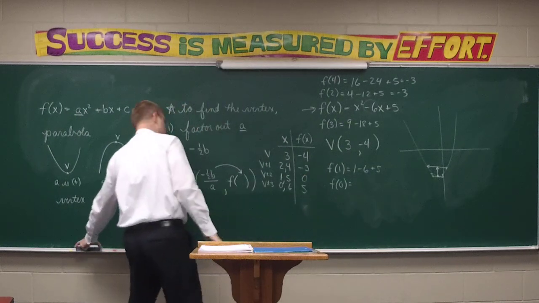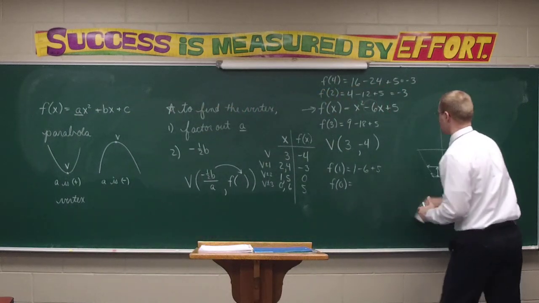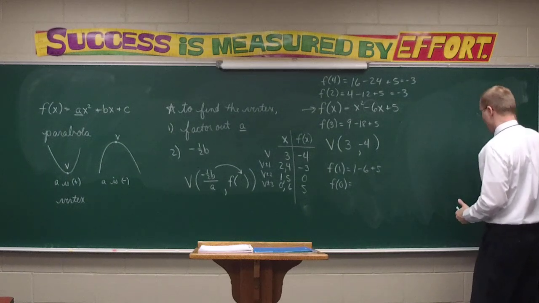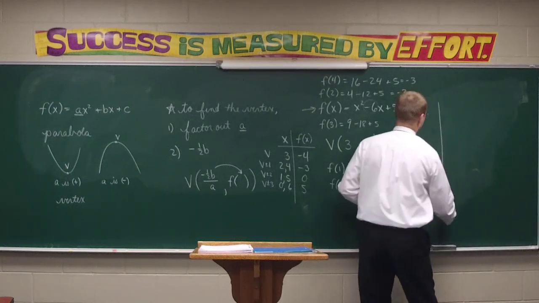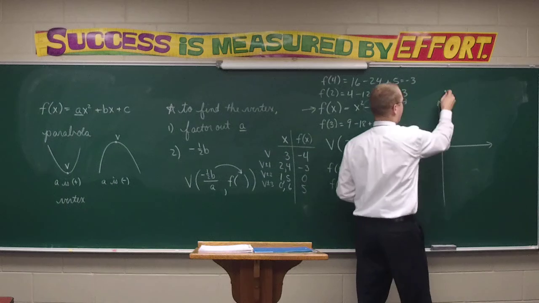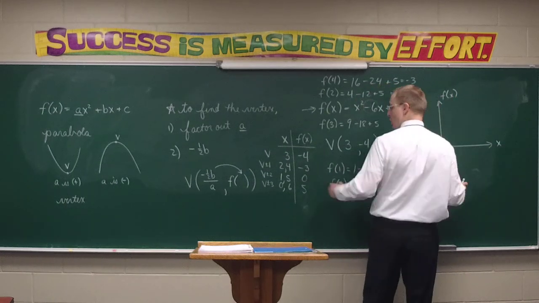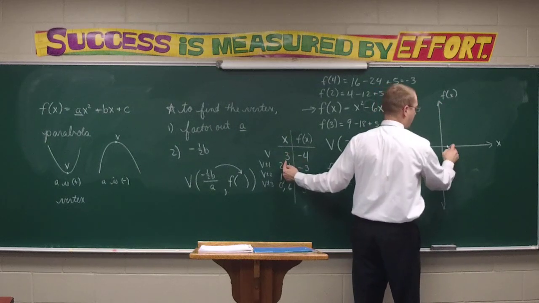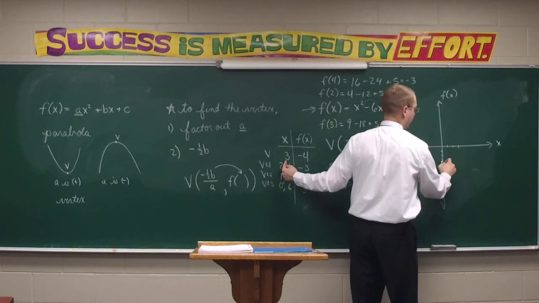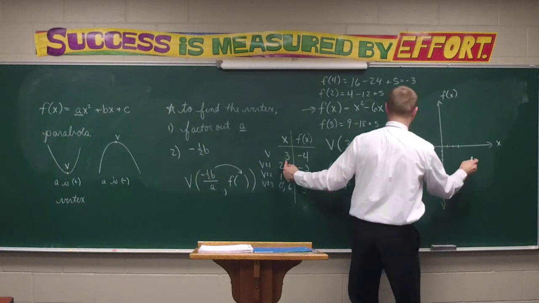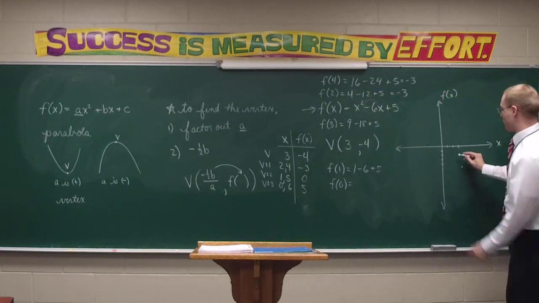So that when it comes time to graph this, this is where we're going to be going next week with all of this. Just do a quick graph grid for now. We've got our f of x axis, x-axis. We start by putting the vertex at 3, negative 4. From here, I'm going to go back to the 2.